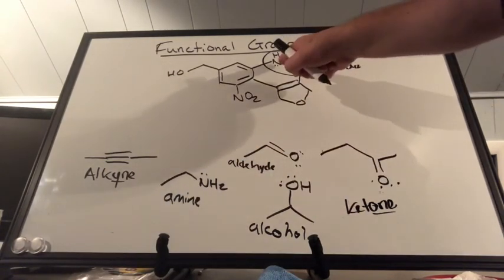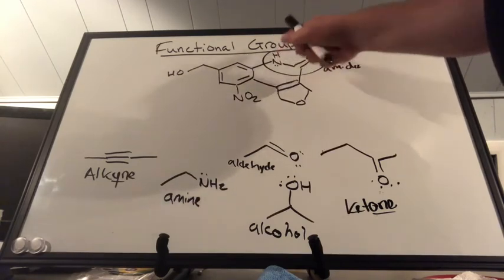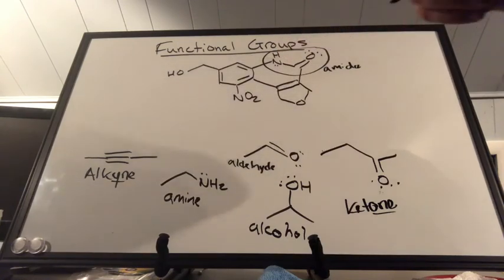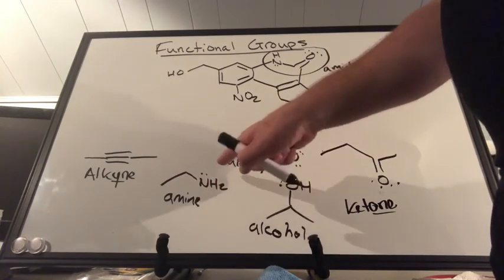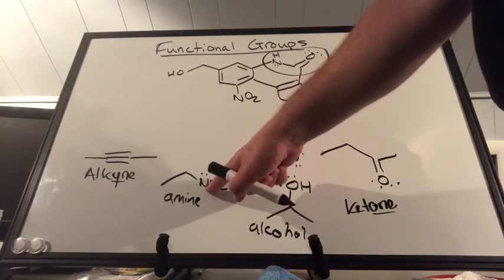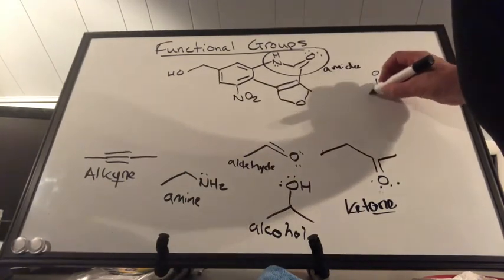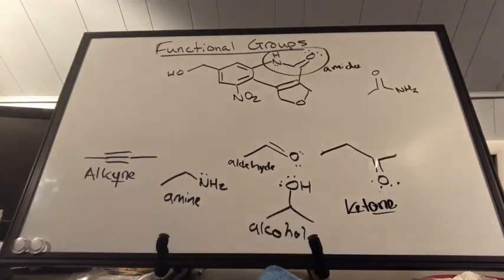So you can have secondary amines like you see here. You can have tertiary amines if you have an additional carbon that's attached in lieu of that hydrogen there. And you can have primary amines, or amides. This is a primary amine right here. So in other words, this would be a primary amide.